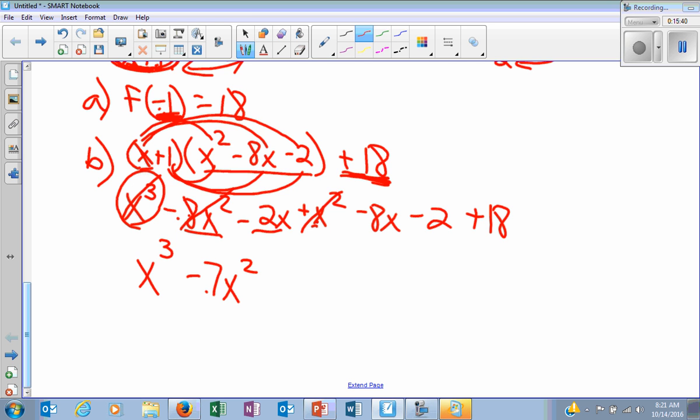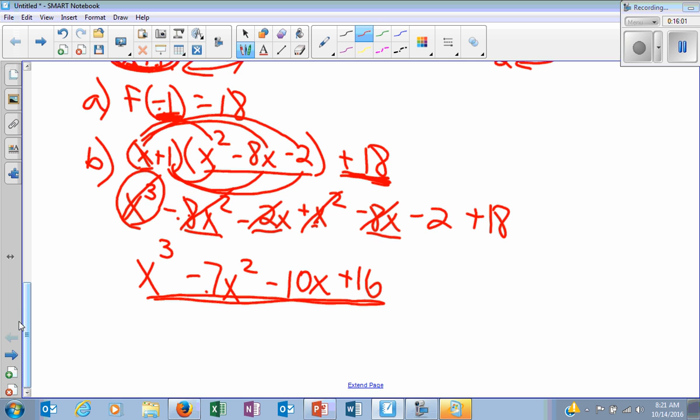Negative 2x, and I minus 8x more. What do I get? Negative 10x. And I used it, and I used it. Negative 2 plus 18 is a positive 16. And what did I just solve for? What is this right here? That is f of x.